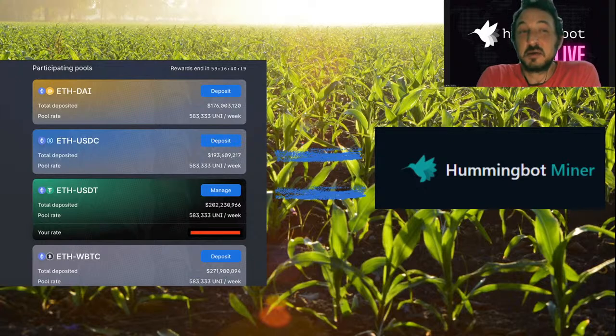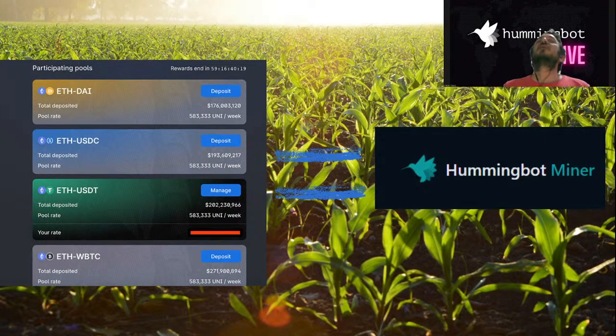Basically the same. You add liquidity, except that now it is on a strategy, and you are getting rewarded with an extra token, an extra income besides the trading fee, just for providing liquidity. It's the same with the Hummingbot miner.